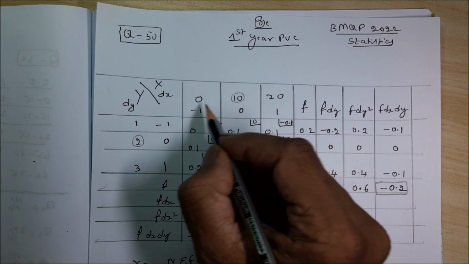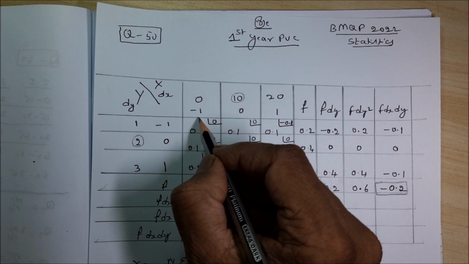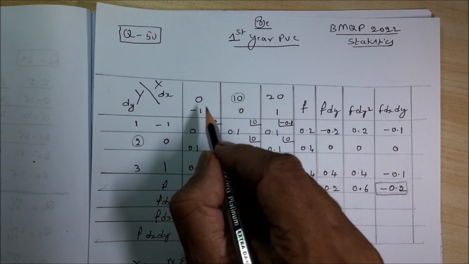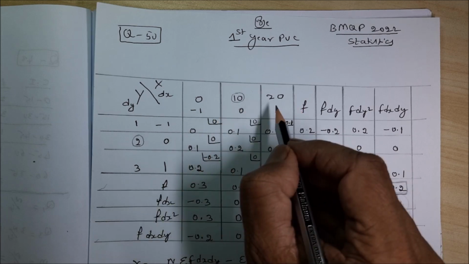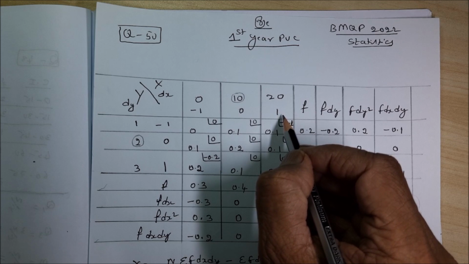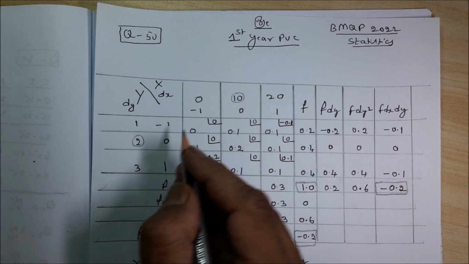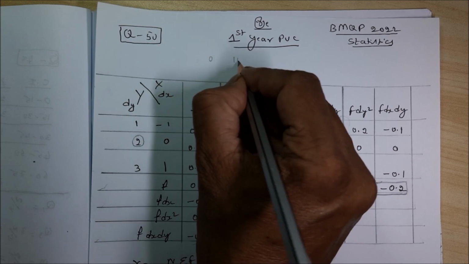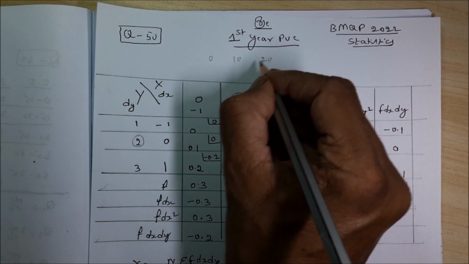So 0 minus 10 is minus 1, right? It goes in the common divider. I hope you remember the common divider. Minus 1, 0, that is 1, right? If you don't understand, it is very simple. Say that 0, 10, 20.